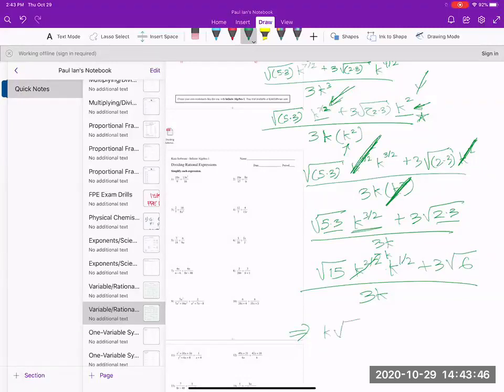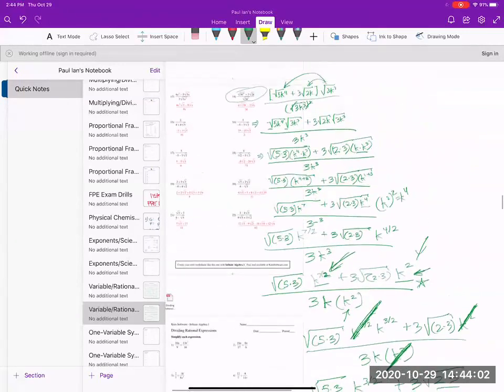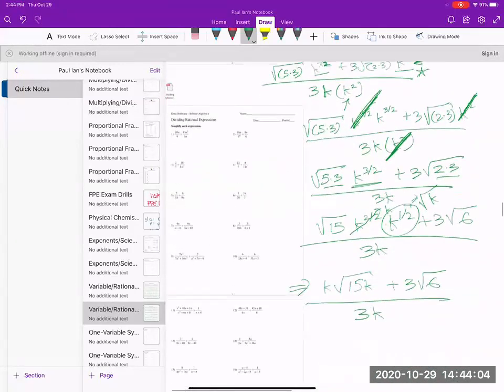Let me put that in front of the root 15. What about this guy? This is square root of k, right? So you just put that inside the radical, like that. And then everything is pretty much the same. And that's what they got. How was that?